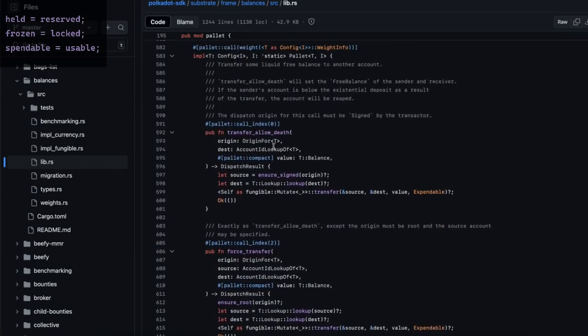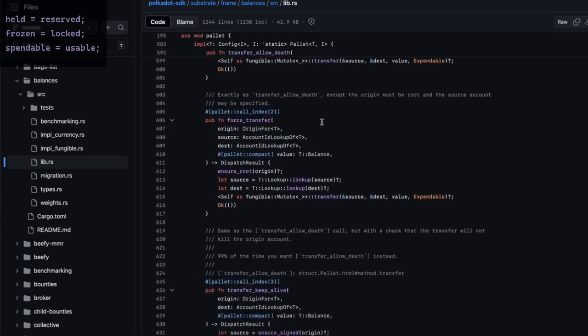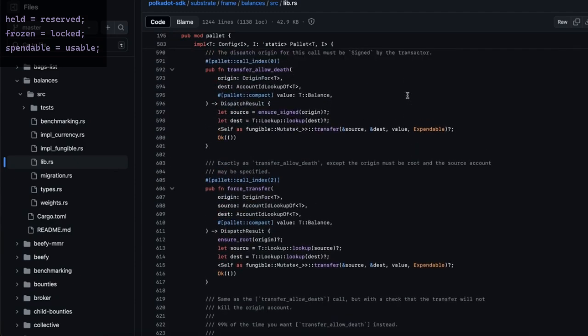Here it starts from transfer allow death. This is what we've discussed. Force transfer, except the origin must be root. So when it says ensure signed, this is what we've also discussed earlier. Ensure signed is when the transaction is signed.